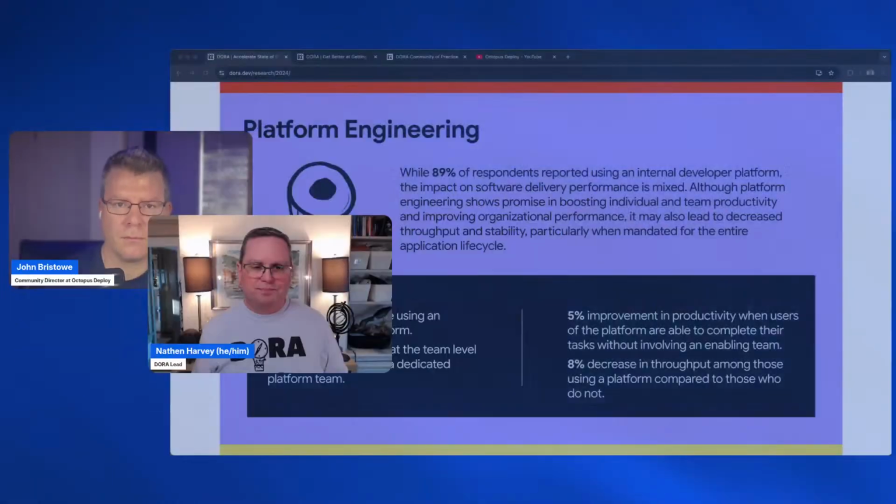So you want a platform to provide the guardrails, but not lock you in, if you will. All of these things really matter and help teams both in terms of being able to deliver software, but also things like well-being, job satisfaction, burnout, and so forth of people on the teams.